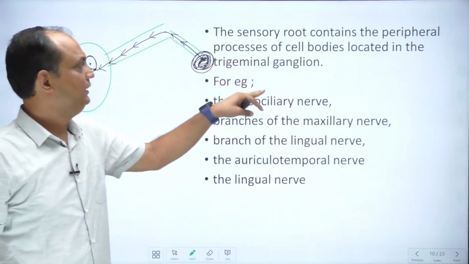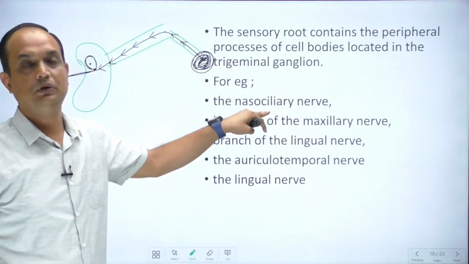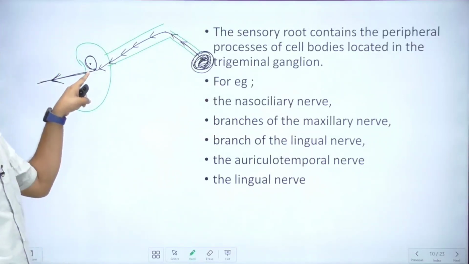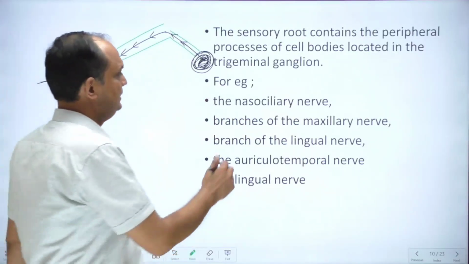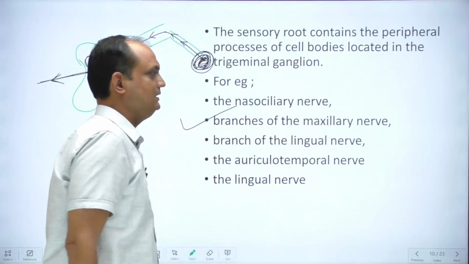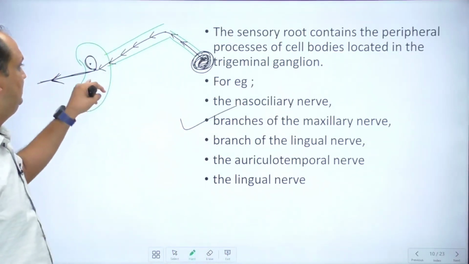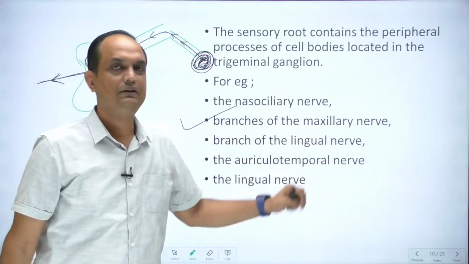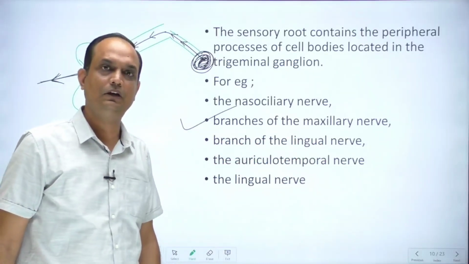So where will you find the neuronal cell bodies of the nasociliary nerve fibers? Again in the trigeminal ganglia. Where will you find the cell bodies for the branches of the maxillary nerve? Again in the trigeminal ganglia. Where will you find the cell bodies for the lingual nerve?